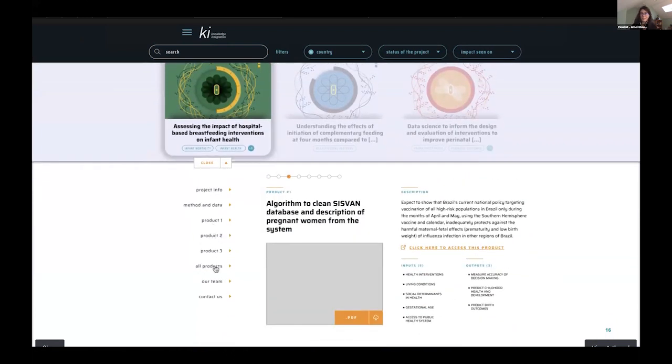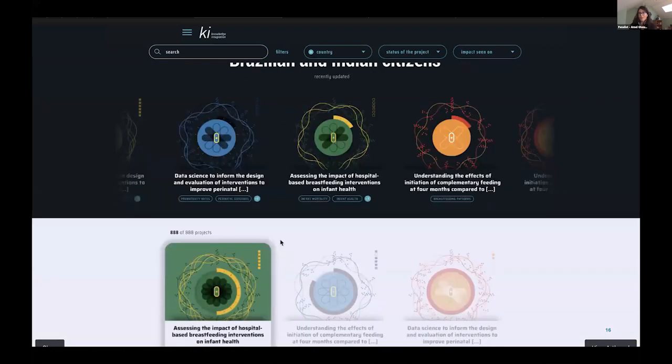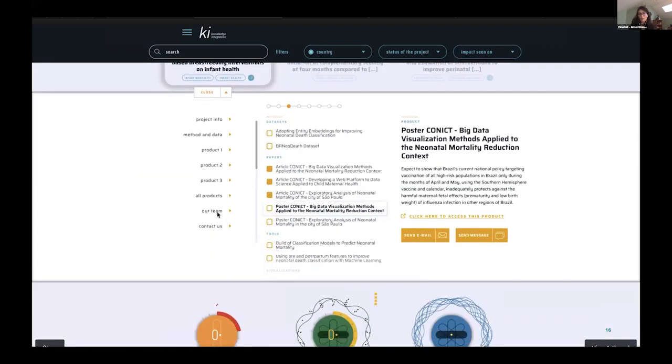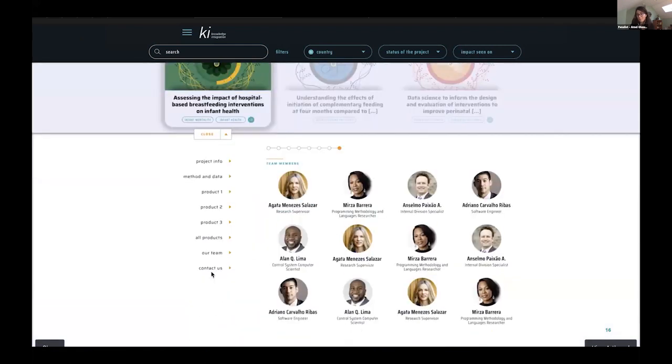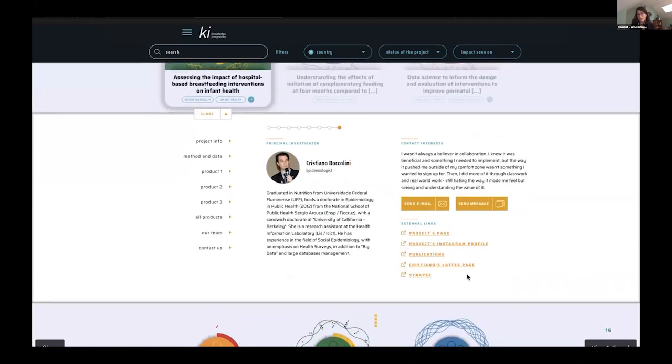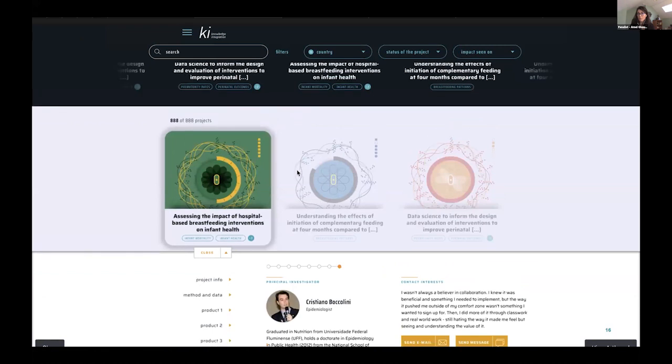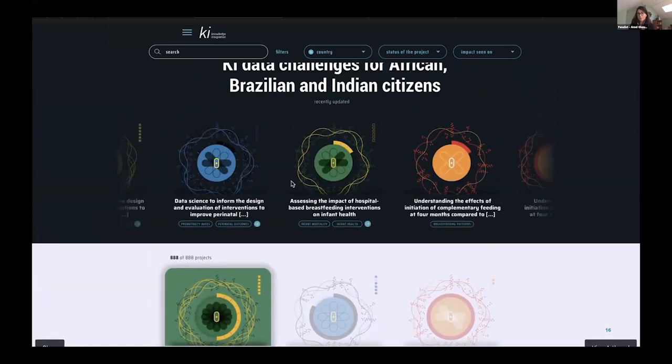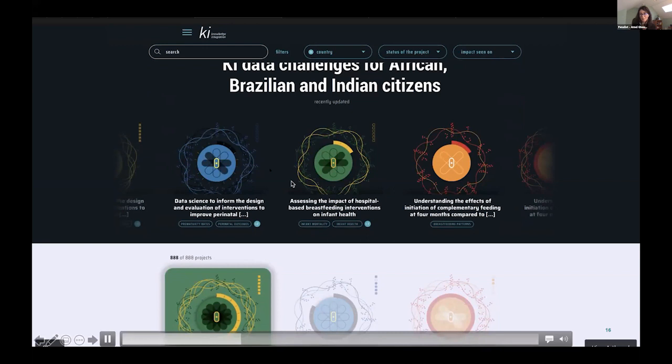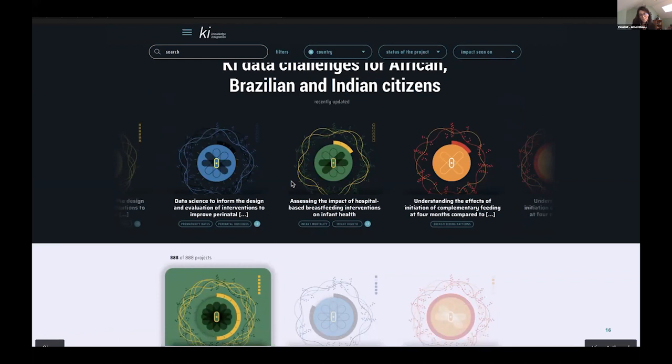Basically it is a gallery of data selfies that highlight the status of different projects in the different regions, where you can get information about the topic that each project is focusing on, information about the data being used, information about collaborations, and also information about the products being generated by that specific project to inform policy. And this gallery is accessible via the community cognitive city for the KIGC program.